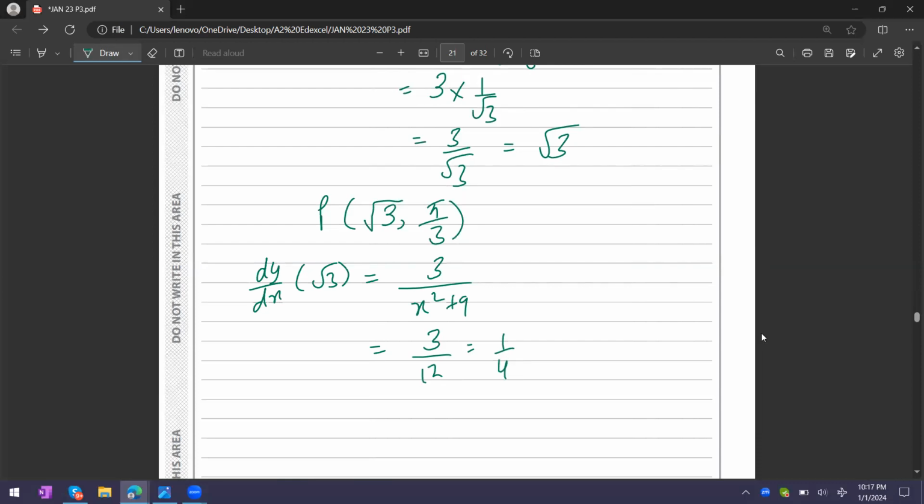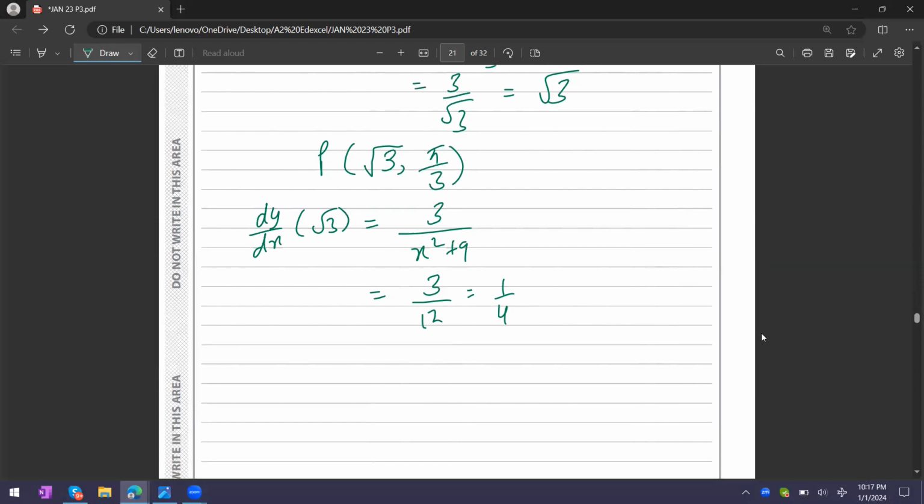So the equation of the tangent: y minus y1 is equal to m into x minus x1.